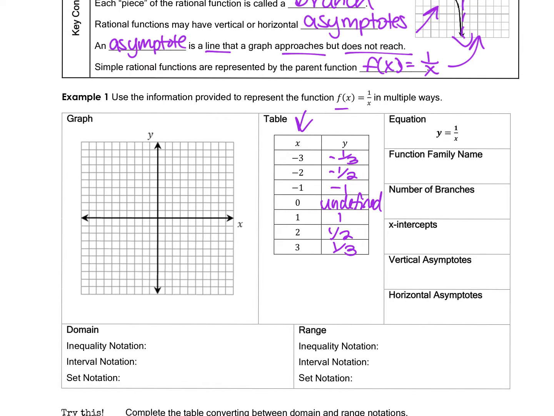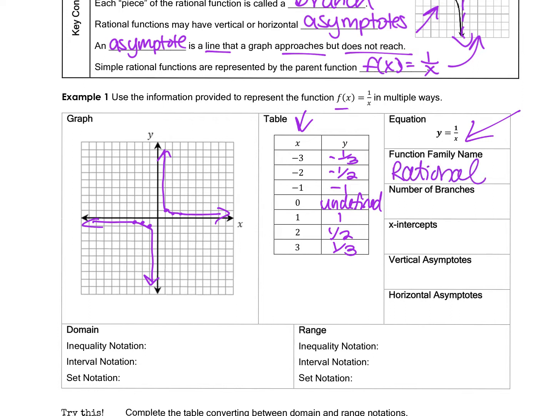because I'm plugging into this parent function right here. Let's plot the points to see what it looks like. -3 at -1/3, -2 at -1/2, -1 at -1, and 0 doesn't have a point, then 1 at 1, 2 at 1/2, and 3 at 1/3. It's going to look like this. It's going to approach, but remember, it can't reach 0 because that's undefined. So this is our rational parent function. Here's the equation. The function family is rational.